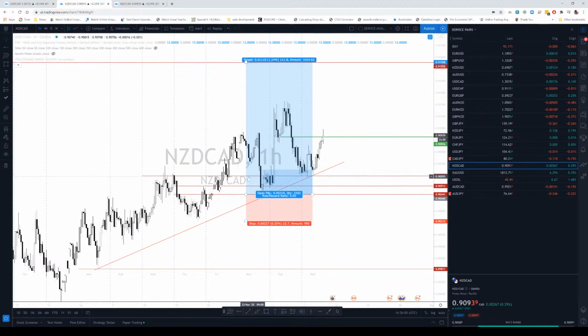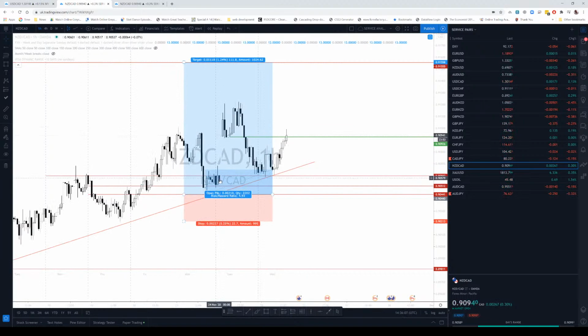So it came back down to this level, which is a daily down candle. At the same time, we had a really nice last down candle in here prior to this move, and that's where we are pushing off from. So again, I'm expecting higher prices. This was my first target with the trade here.